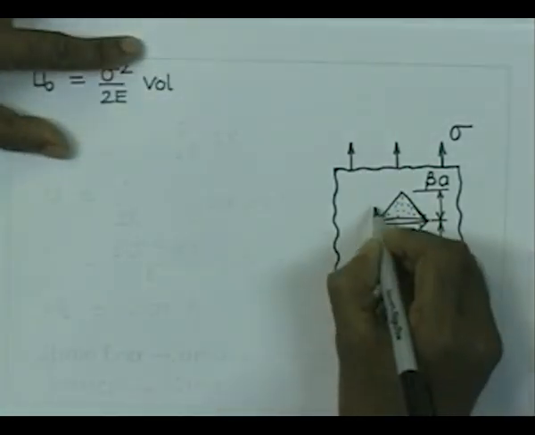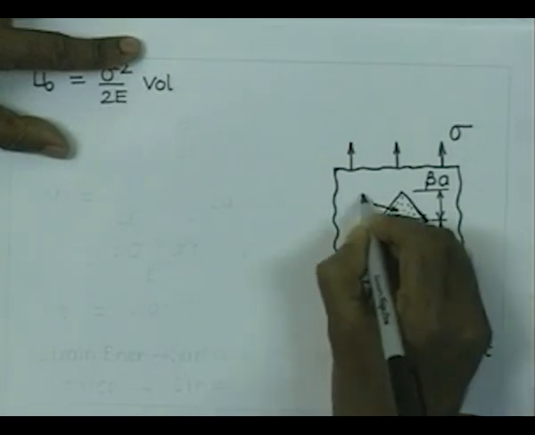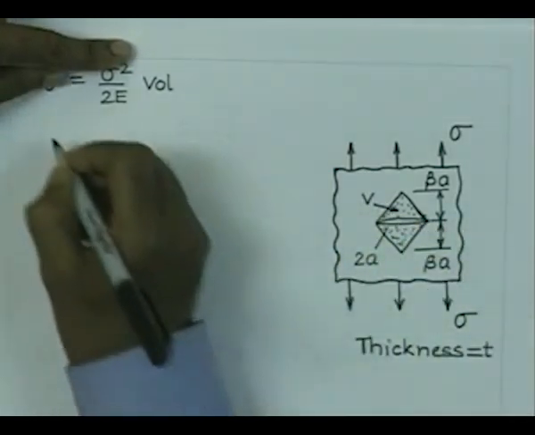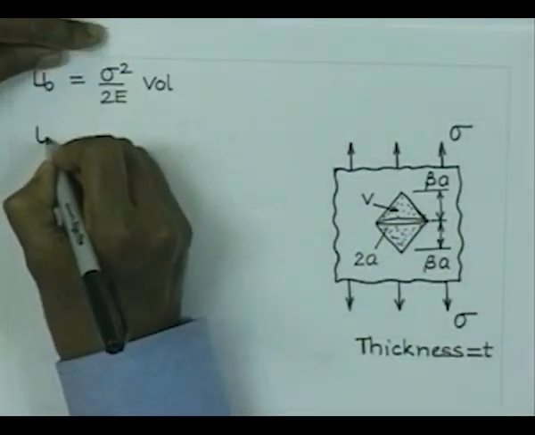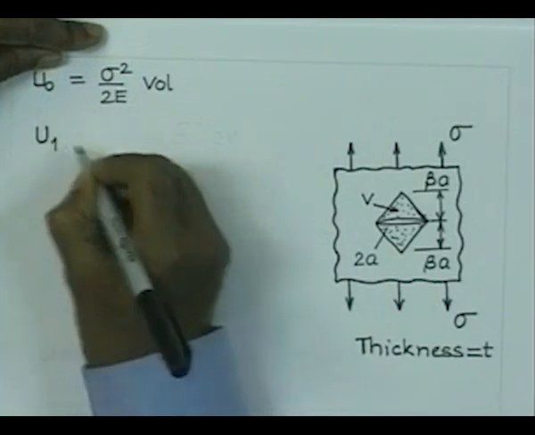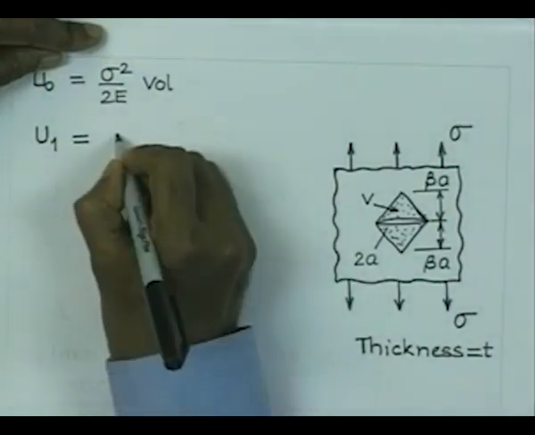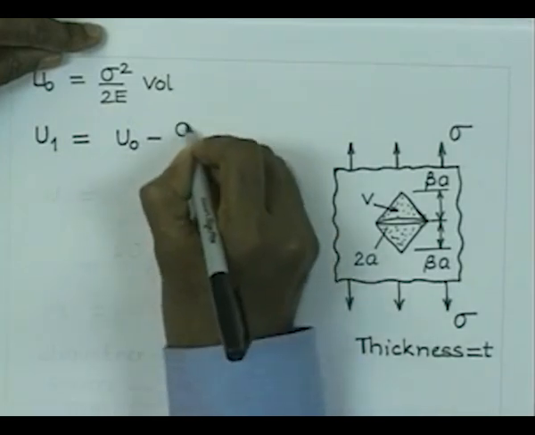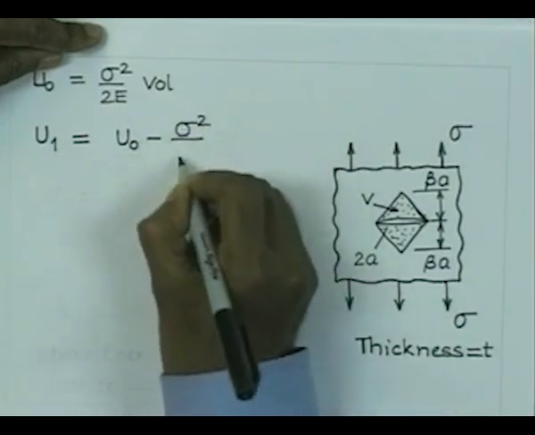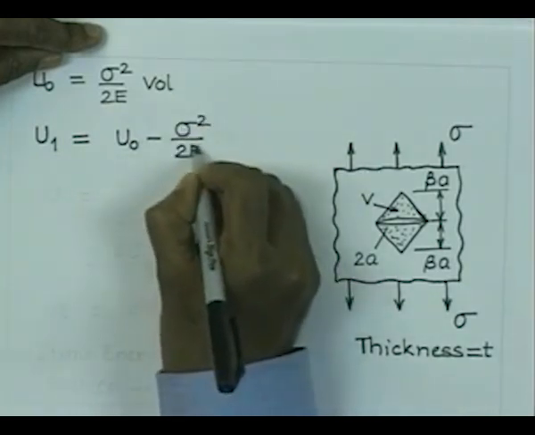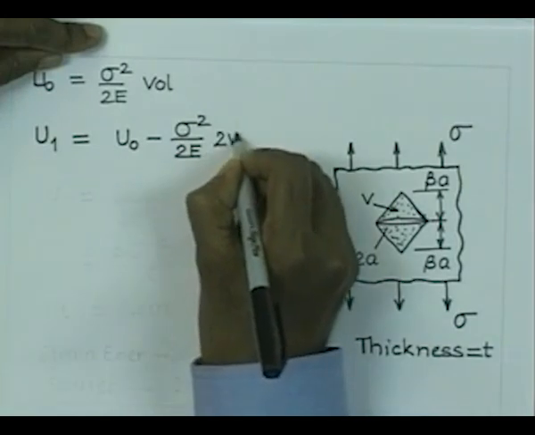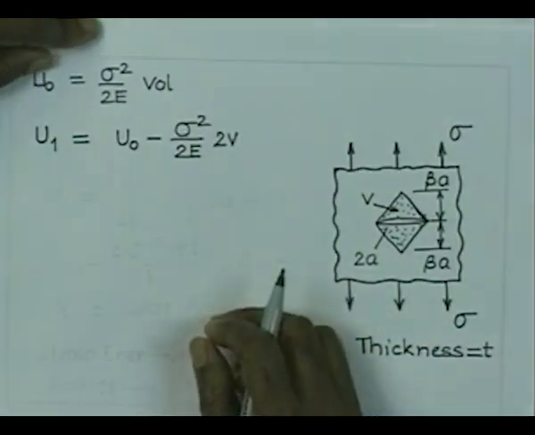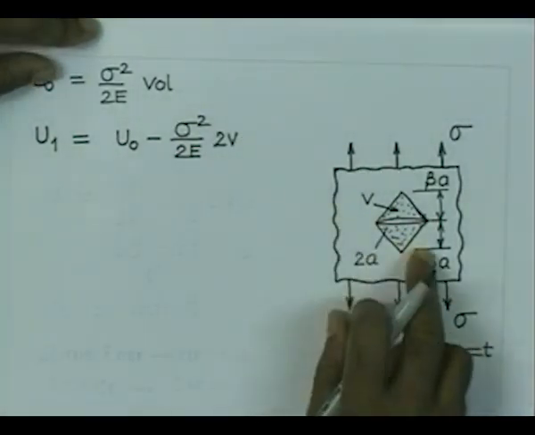If we consider that the volume of the triangular region here is V, then the energy in the second case is going to be equal to U0 minus sigma square by 2E, that is the strain energy density, multiplied by 2 times V.